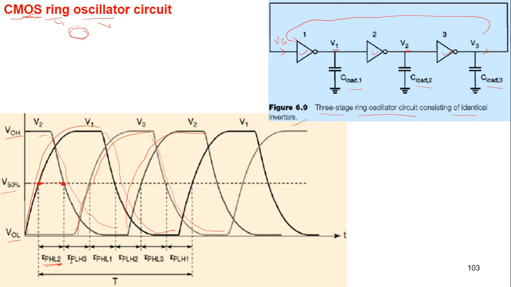Similarly, you can verify that this particular duration will be tau p LH3, because for the third inverter, the output is V3, which is rising from low to high. So this becomes tau p LH3. Similarly, this will be tau p HL1 and tau p LH2, tau p HL3 and tau p LH1, and one complete cycle is complete.